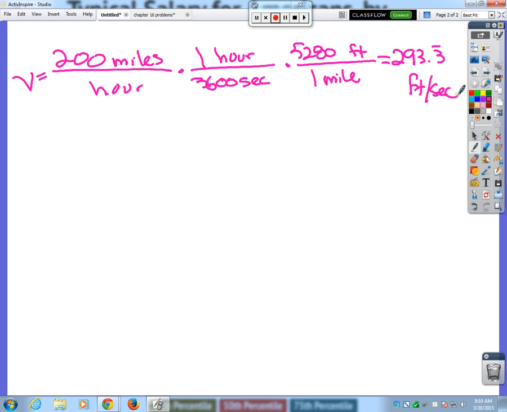Multiply it by 6. So her distance is equal to her velocity times her time, which is 293.3 repeating times 6. And so that works out to be 1,760 feet. So she's going to travel a total of 1,760 feet in that exciting last 6 seconds of her life. Okay? How do we figure out what the angle is then?